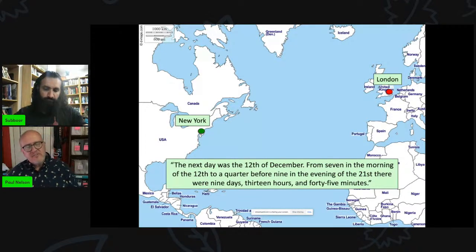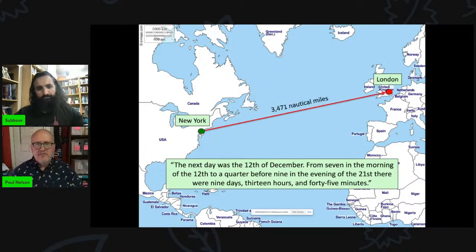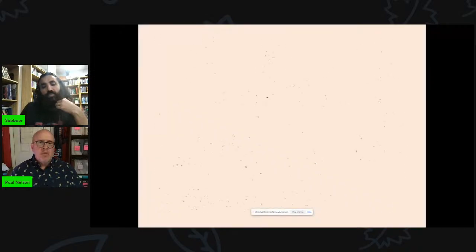So he hires a steamship in New York to cover this distance, almost 3,500 nautical miles, in enough time or less time than his bet. So he's not going to lose all these pounds sterling that he's wagered on being able to do this. Okay.